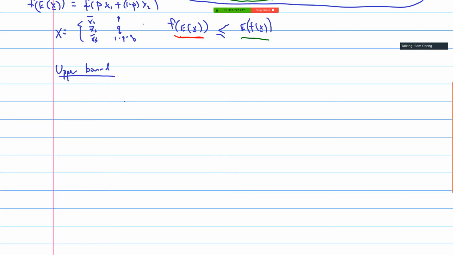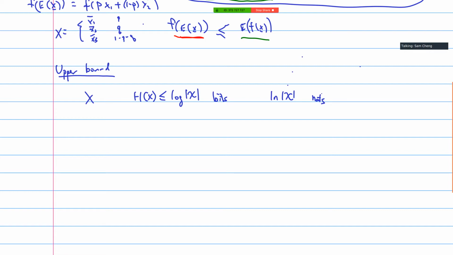Let's say I have some random variable x, just a discrete random variable, and basically H(X) will be bounded by log |X|. Here my log is assumed to be log base 2, so the unit will be bits. Of course, if I use log base e, if I use ln, then the unit will be nats or something like that.